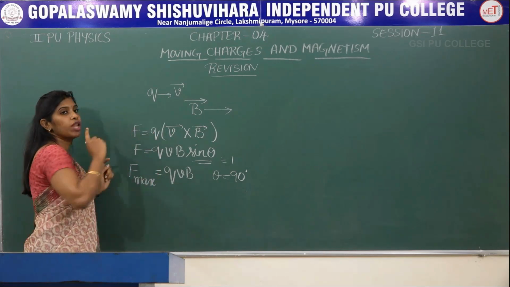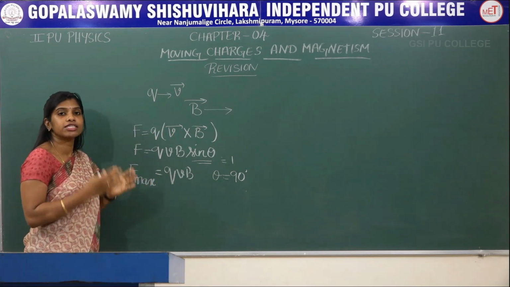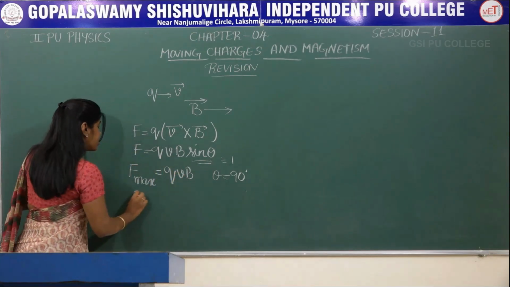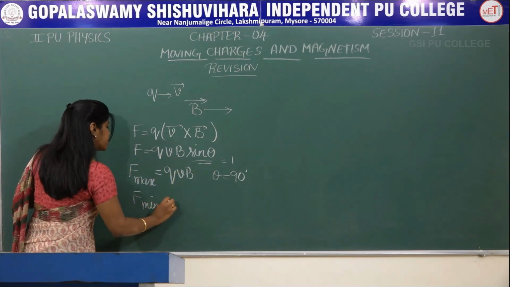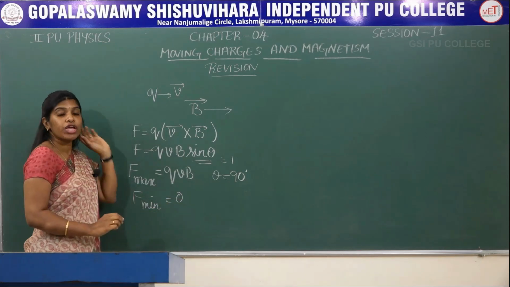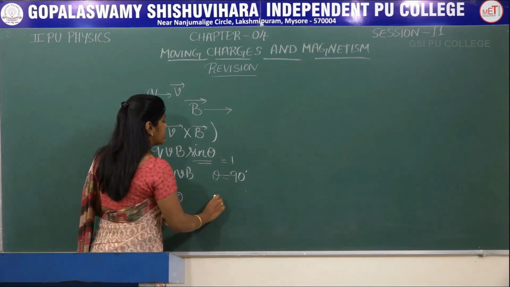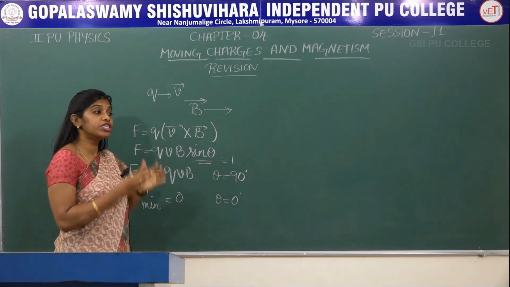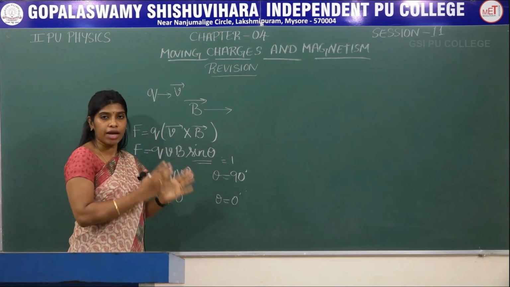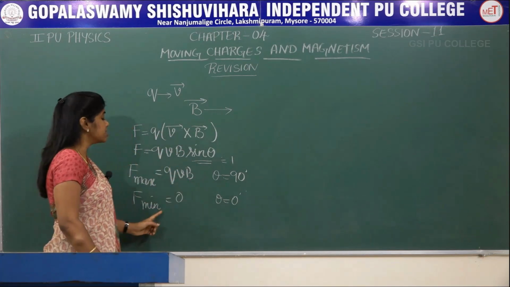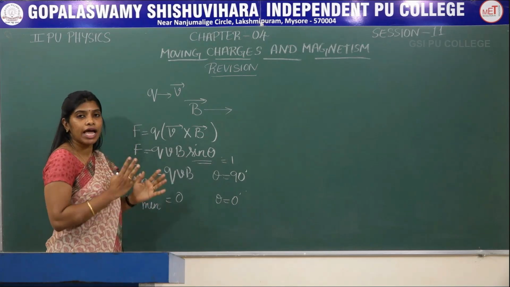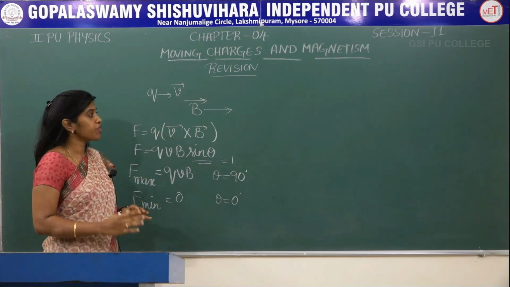So the force on the charge will be maximum only when the charge is moving perpendicular to the magnetic field. And the force becomes minimum, that is equal to 0, when theta is equal to 0 degrees. The charge which is moving along the direction of the magnetic field will experience 0 force.